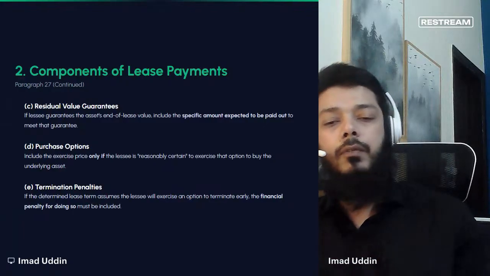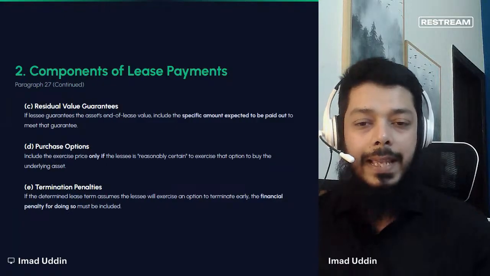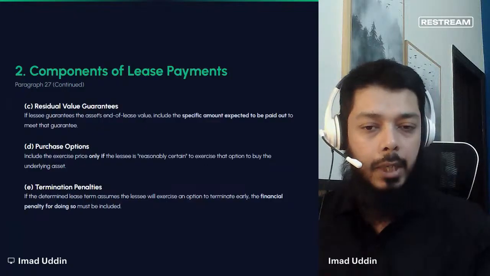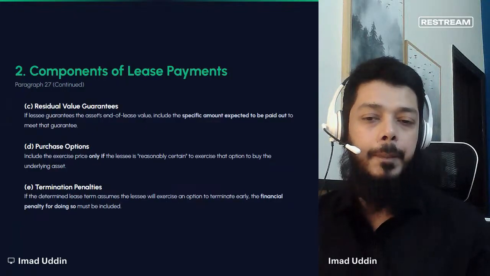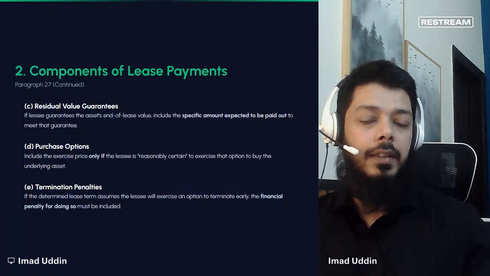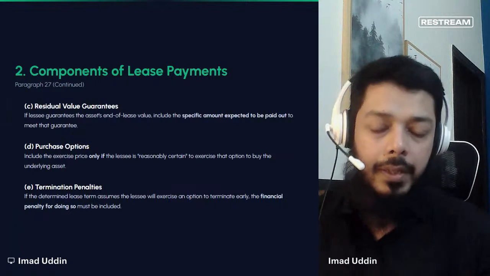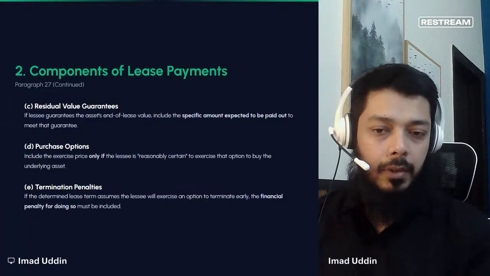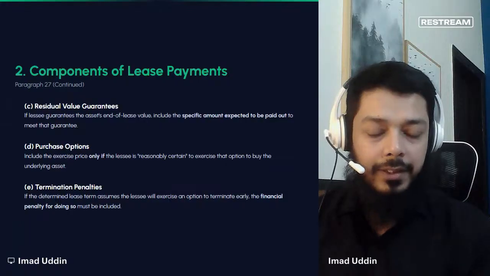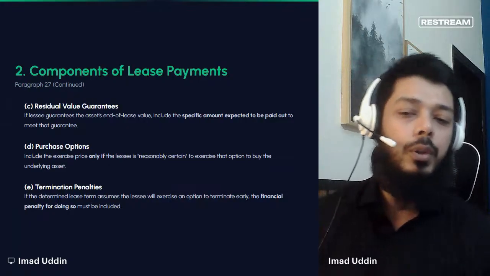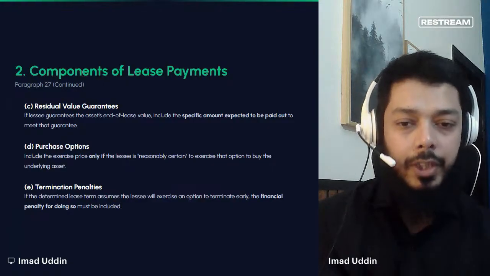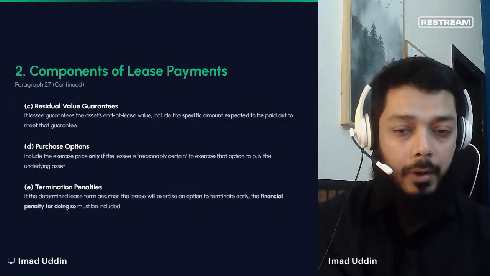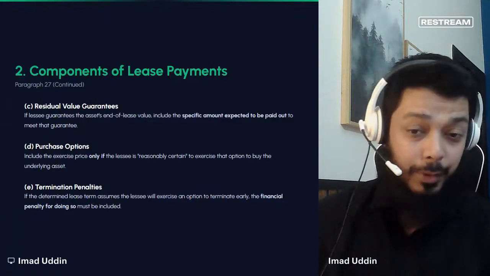So if within the lease contract the lessee has an option to purchase the leased asset at a particular price, then that option requires a payment to be made. But only if it's reasonably certain that option would be exercised, only then would the lessee include the purchase option payment, or the exercise price, in the lease payments and make it a part of the lease liability at commencement of the lease.